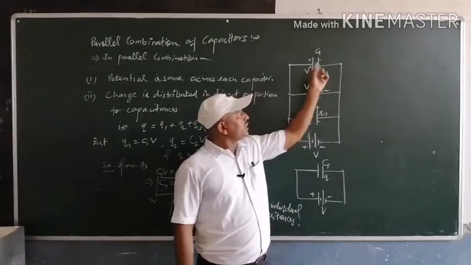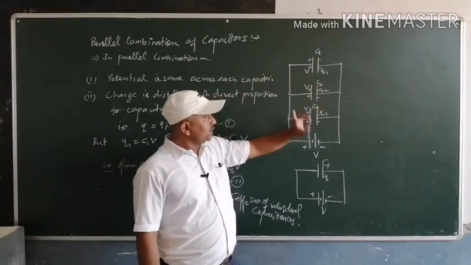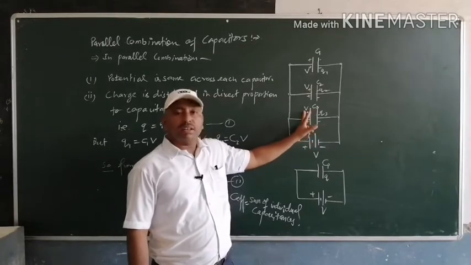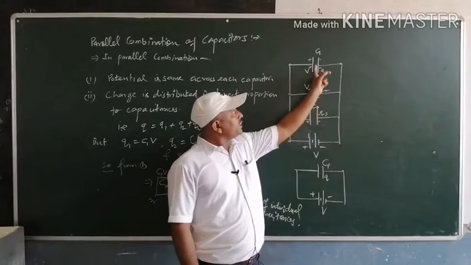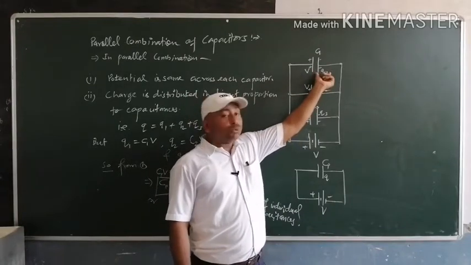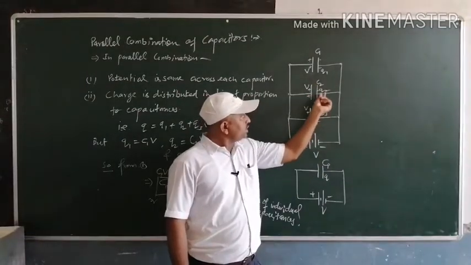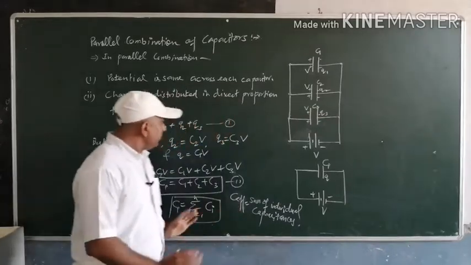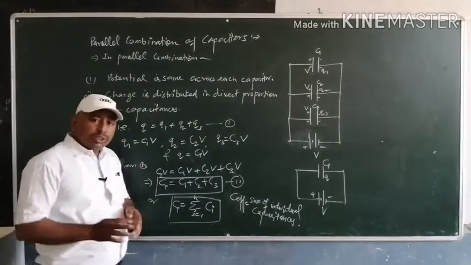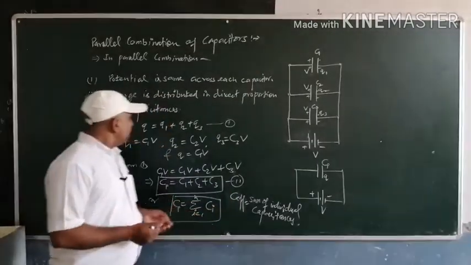It means the potential across C1 is V, across C2 is also V, and across C3 is also V. The charge stored across the first capacitor is Q1, across C2 is Q2, and across C3 is Q3.